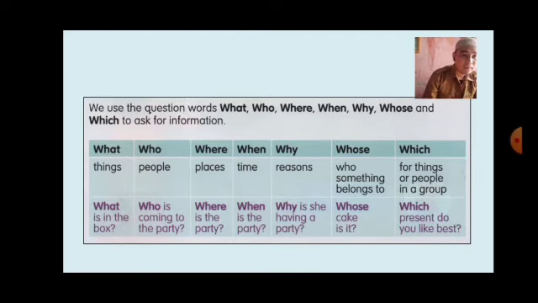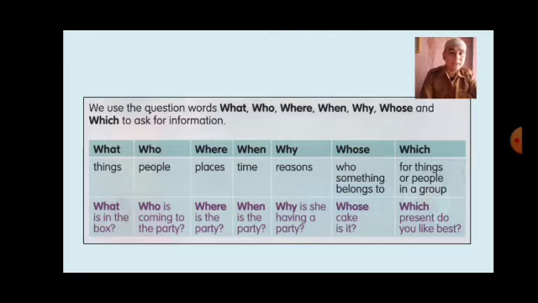Where is about a place. Look at the example: where is the party? In the example before, the answer is on Garden Road, in the Queen Apartment. So that is talking about places.